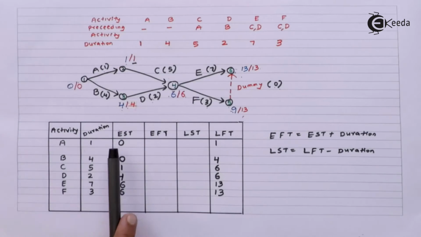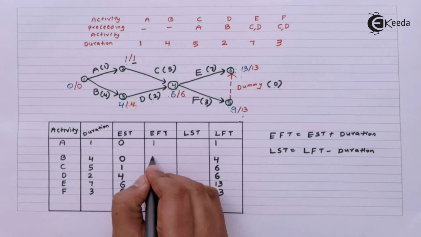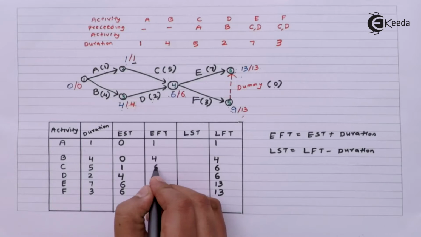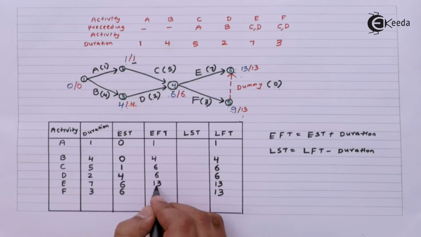So it will be 0 plus 1, 1; 0 plus 4, 4; 1 plus 5, 6; 4 plus 2, 6; 6 plus 7, 13; and 6 plus 3, 9.